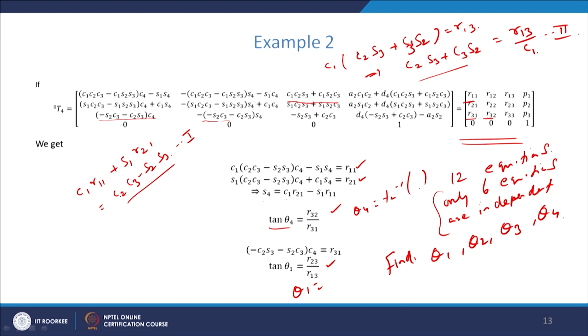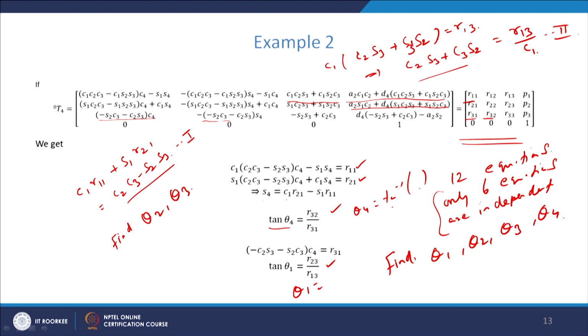Now we can obtain one from these two equations and, combining with the P1 equation and the P2 equation, we can find theta 2 and theta 3 also. So, all the values of theta i can be obtained by simple manipulation of these algebraic equations, and finally we get the inverse kinematic solution of the problem.